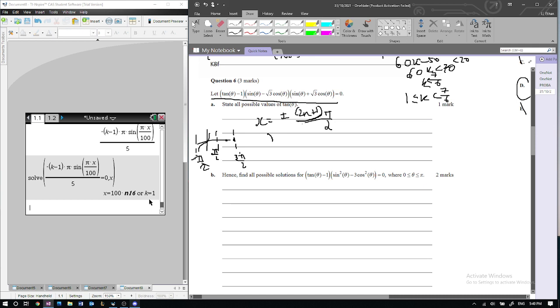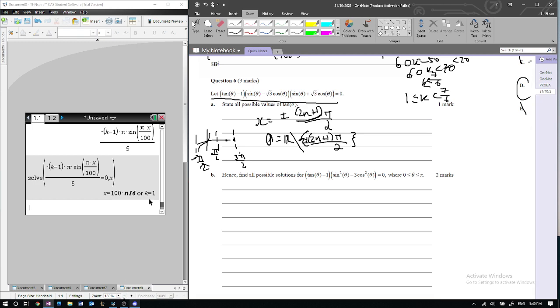Therefore, because those are all the asymptotes where theta doesn't exist, theta is equal to all real numbers except for plus or minus (2n plus 1) pi on 2. I think that's what the question is asking you.